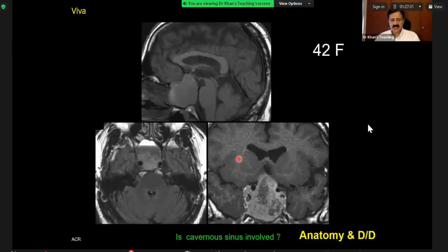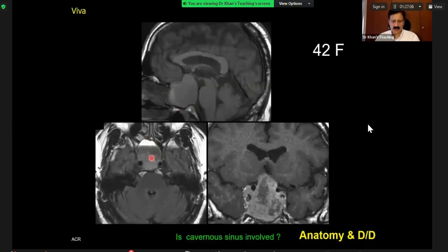Okay, now this case is a pituitary macroadenoma. It's a large macroadenoma. So what it is doing, if you stretch your imagination, the floor of the sella should have been here. It is expanding it, and actually the tumor is going into the sphenoid sinus, completely obliterating the sphenoid sinus. With that, there is compression of the optic chiasma.